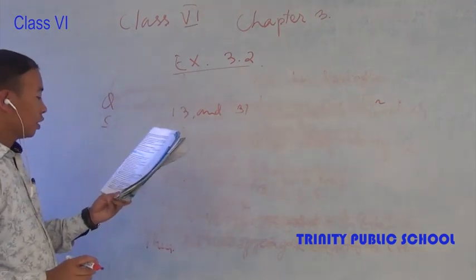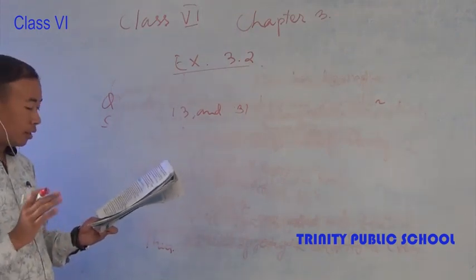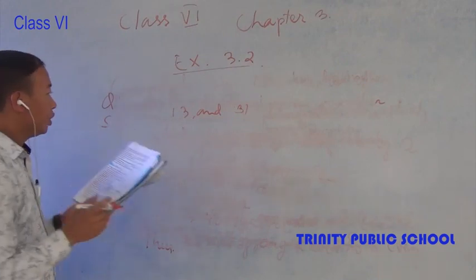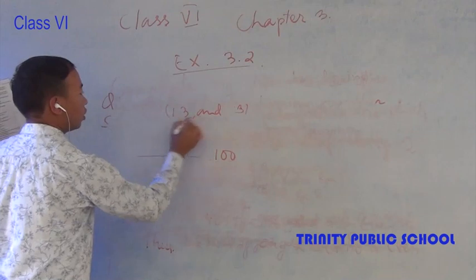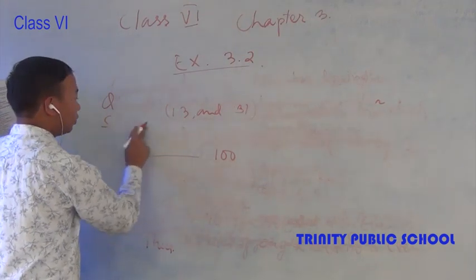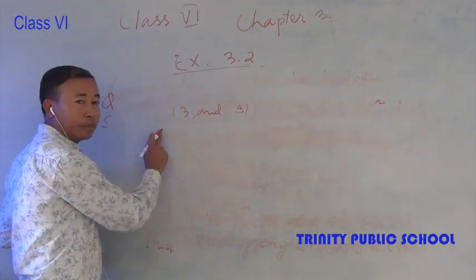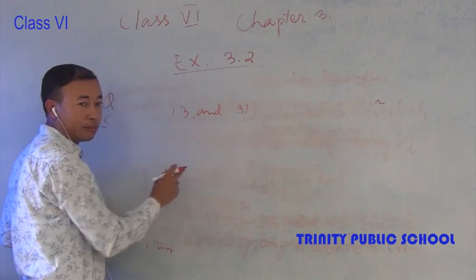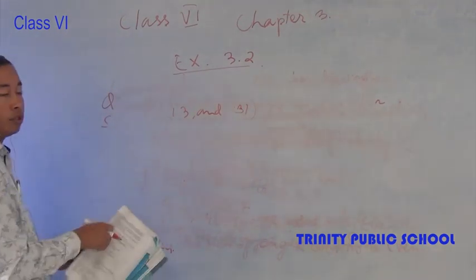The question says find such pairs of prime numbers less than, meaning up to, 100. Within 100 there are some pairs which have the same digits, just interchanged. Finding pair numbers up to 100 may feel difficult, so you can see your textbook.